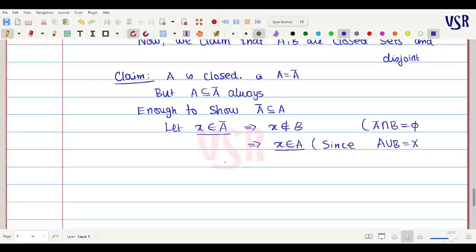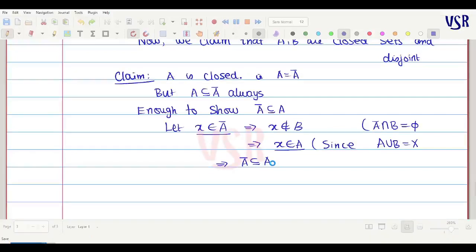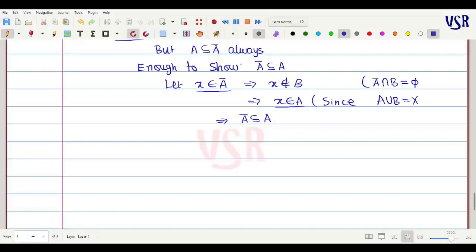So this would imply that A closure is a subset of A. ஓகேயா? சரி, இப்போ already A is a subset of A closure, இங்க A closure is a subset of A, so this implies that A closure is equal to capital A. So that is capital A is closed.